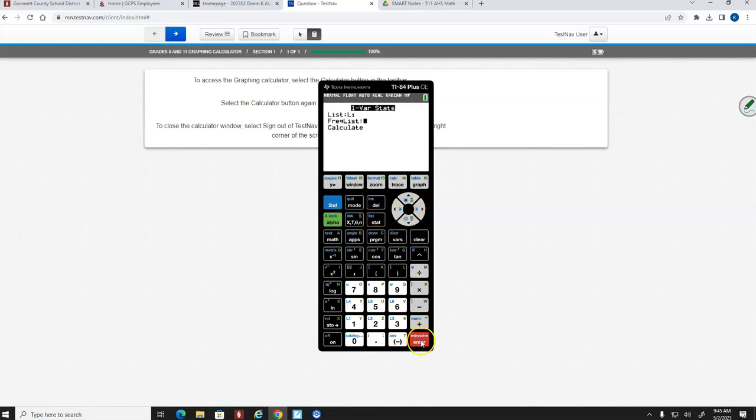Now go to calculations, one-variable. Alright, so now our standard deviation here is 0.827, 0.828.